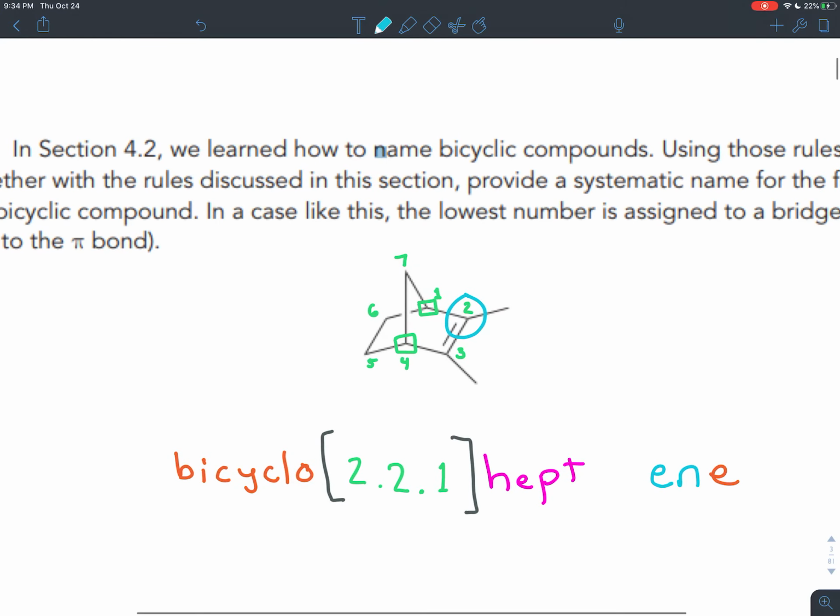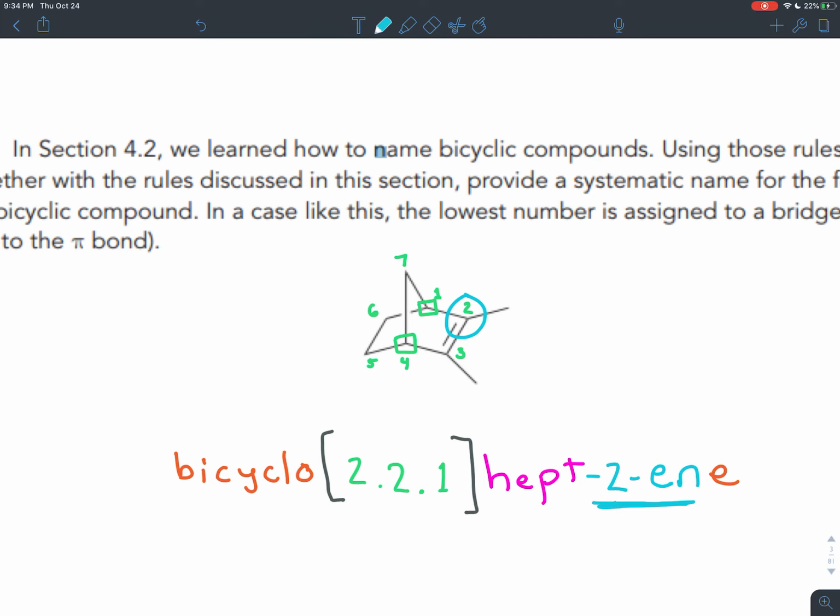But where do we put the 2? Do we put it all the way out in front? Technically you could, but it's so far from what it's referring to that there is another and perhaps a clearer place to put that 2. You could put it immediately in front of the en. Now we have letters here and we're going to put a number in, so we have to put dashes on both sides.